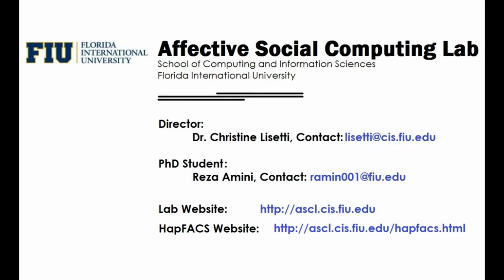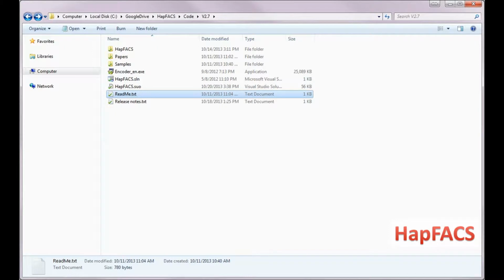Okay, in order to download the HapFACS, you can go to the link shown on your screen. Once you download the HapFACS, you will receive a zip file including the files and folders shown on your screen. We suggest you follow the installation process indicated inside the README file so you can get the best out of the HapFACS.